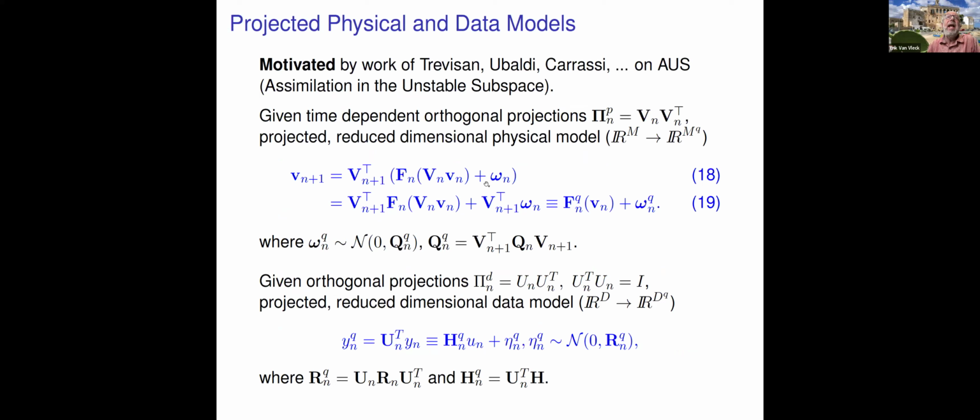That's in here in 18 and 19. These are reduced dimensional models. And then something that we've really worked a lot on is doing reduced dimensional data models.